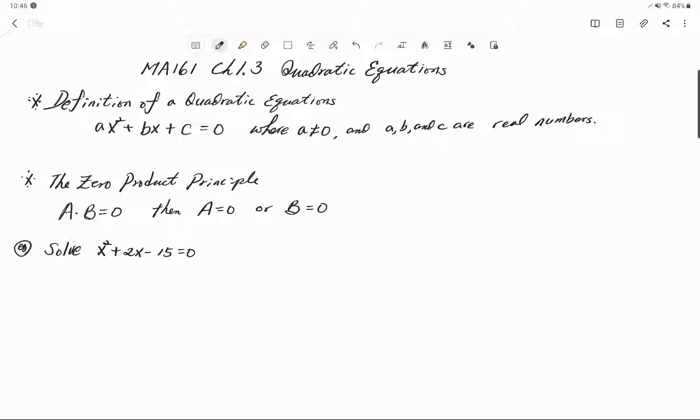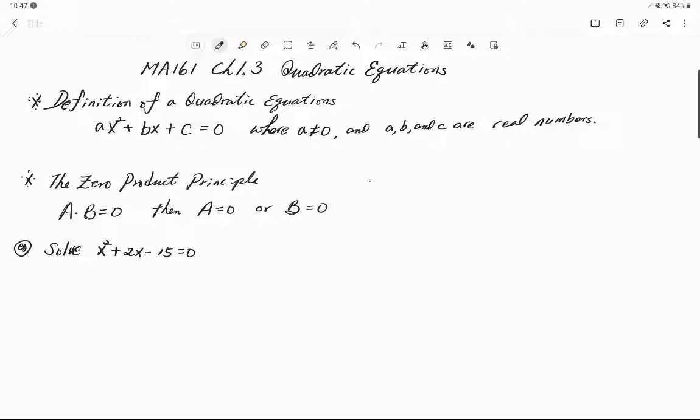We need another definition, the zero product principle, or zero product rule. That means you have a product, let's say a times b. If the product is equal to 0, then in order for this product to be 0, either the factor a or b needs to be 0, right?